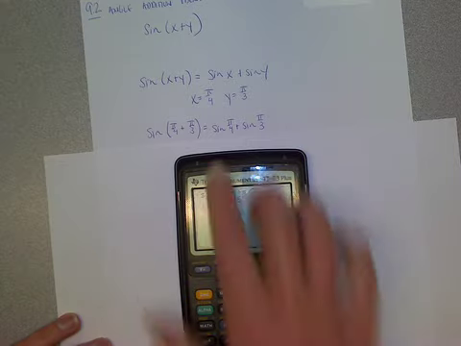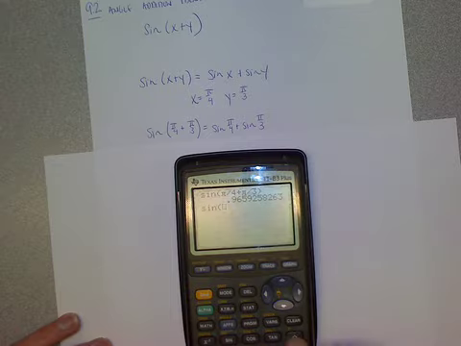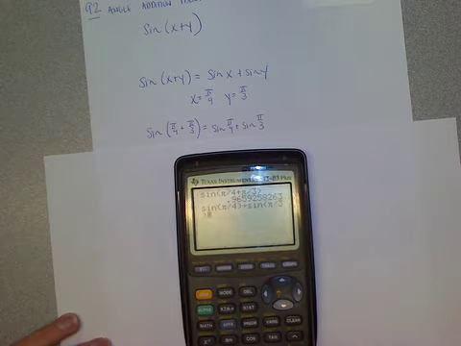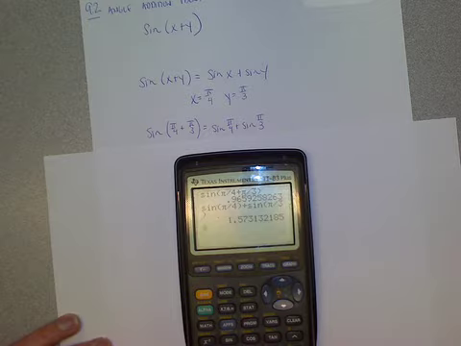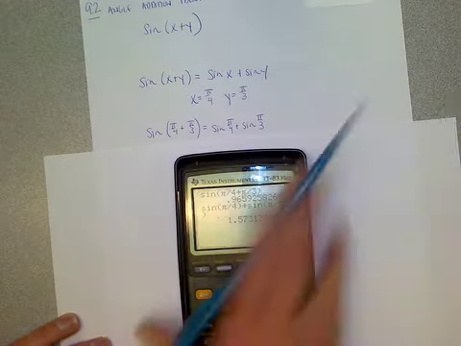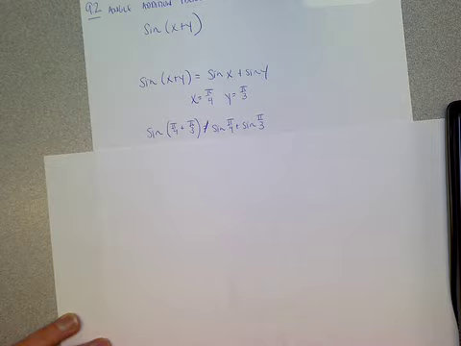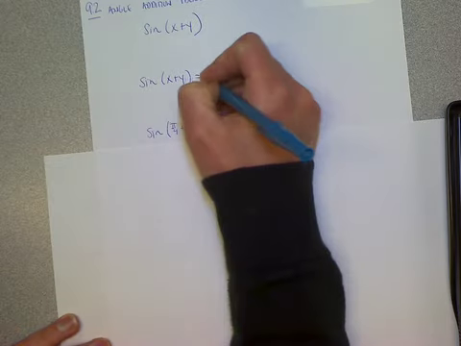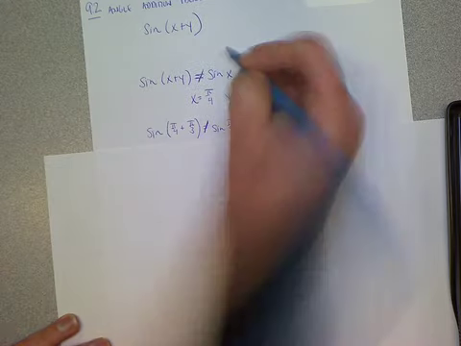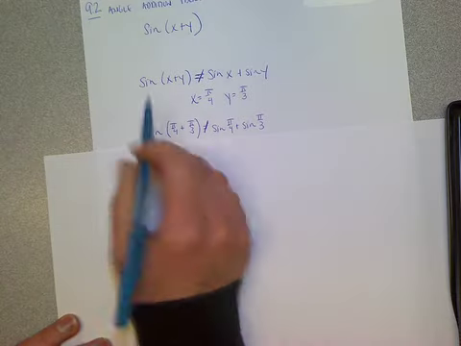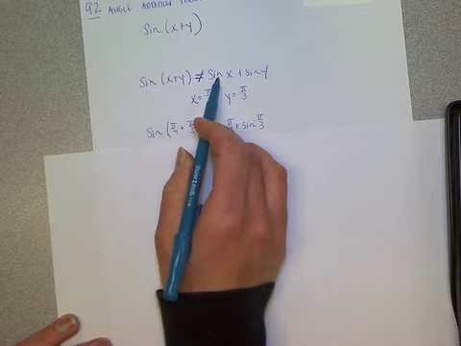And on the right side, if I do sine of pi divided by 4 plus sine of pi divided by 3, we get 1.57. Therefore, these two things are not equal. And since they weren't equal for that x and y value, that means the original equation is not true. So beware, don't try to call sine of x plus y sine of x plus sine of y.